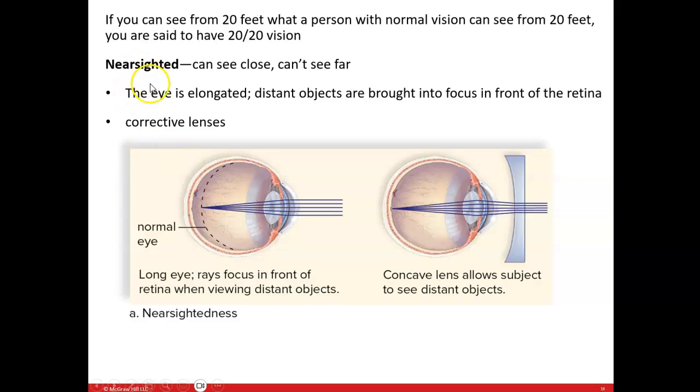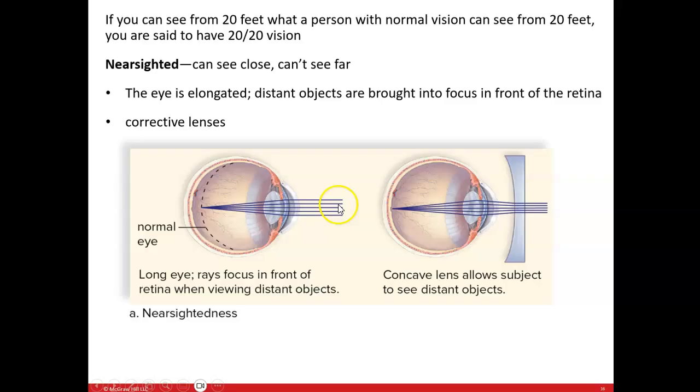So in the case of nearsighted, if the eyeball is elongated, you don't have to memorize whether it's short or long, but just remember that it's the shape of the eyeball. But in this example, it's showing you if the eyeball is elongated, you're nearsighted.